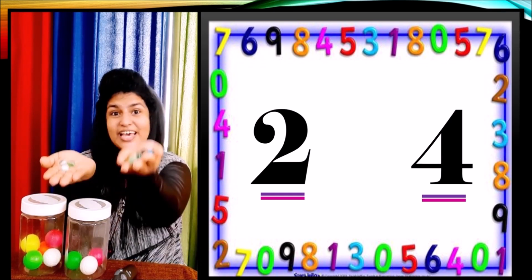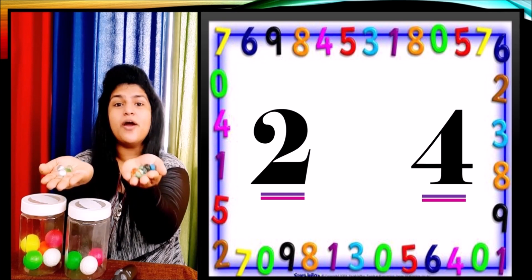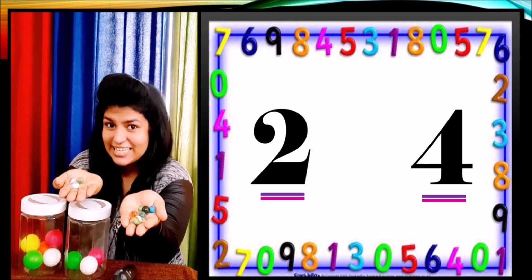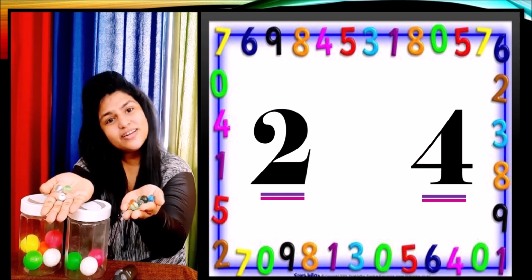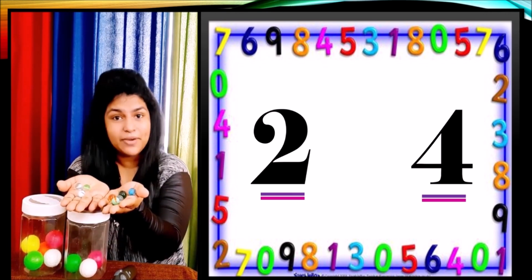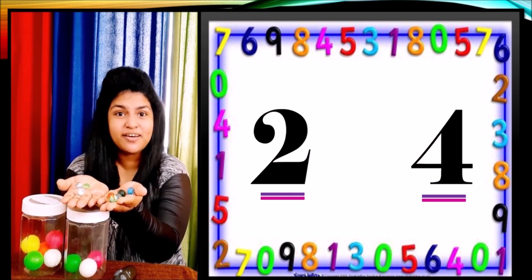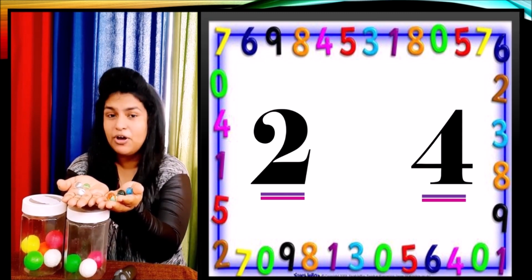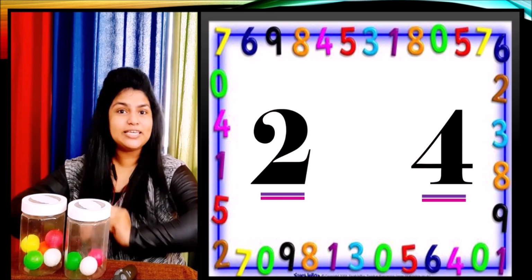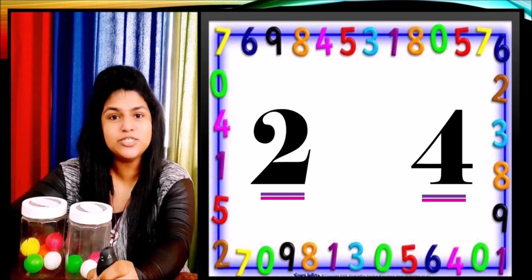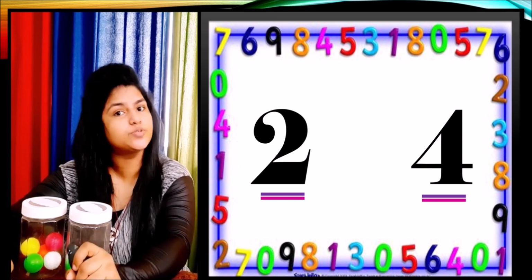Which one is greater? 6 is greater because there are more in this 6 than in the 3. Now did you understand how the numbers are bigger and smaller than each other? Remember, they are not the same. So now let's get on to giving them the symbols which show whether they are big or small.